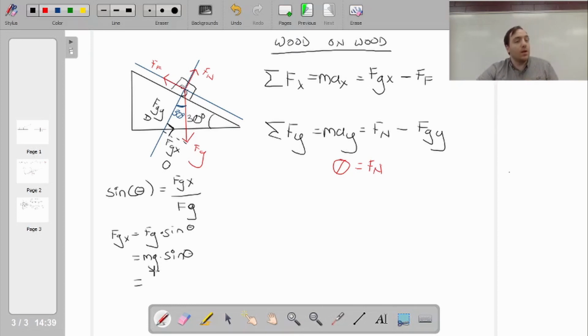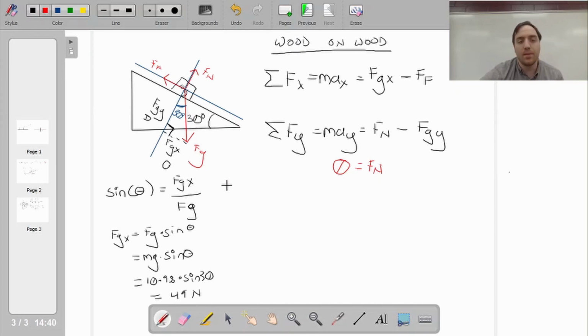Let's go ahead and plug the numbers in just so we can kind of see how this would work. Again, we could always go back and do this symbolically, but for now, 10 times 9.8 times sine of 30, which is 49 newtons. So in the x direction, I have 49 newtons of force.